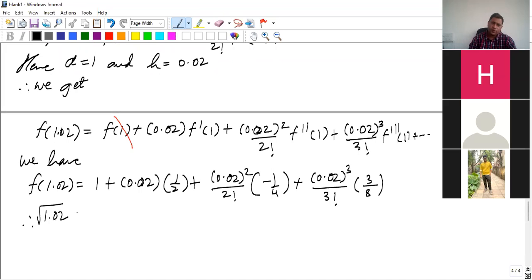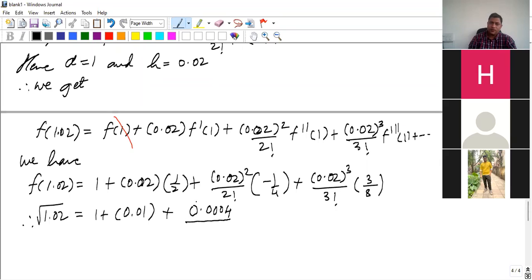So we got here 1, plus 0.01. Is that okay? 2 can be cancelled easily. Plus, this expression you'll be having 0.0004. Are you getting this? This term, 0.02 squared. Is that okay? Yes, sir.